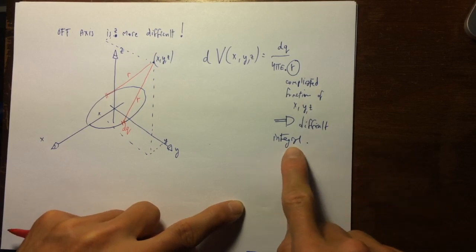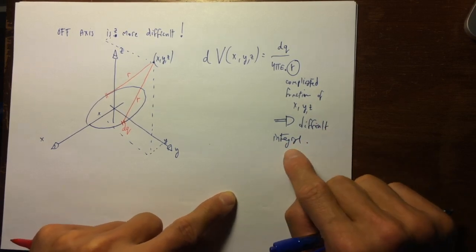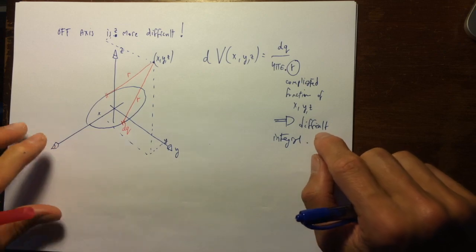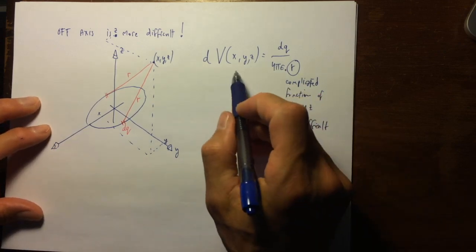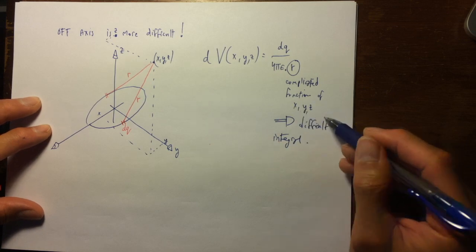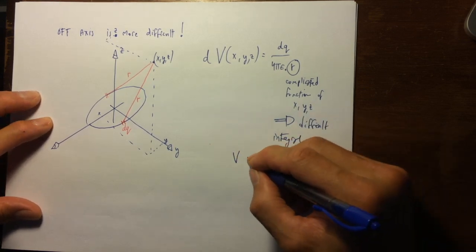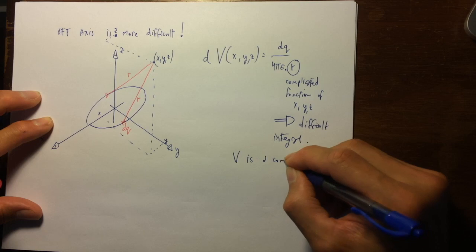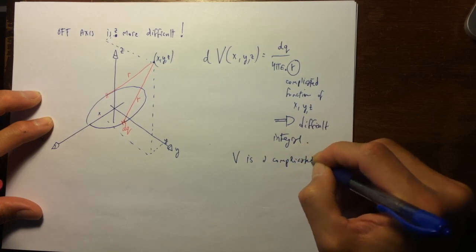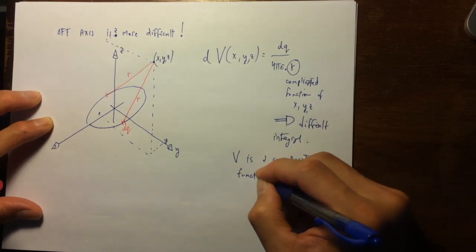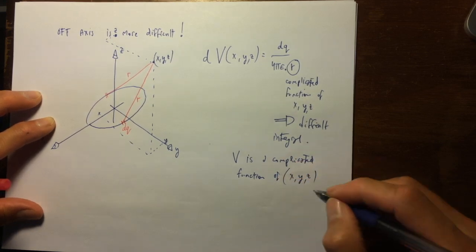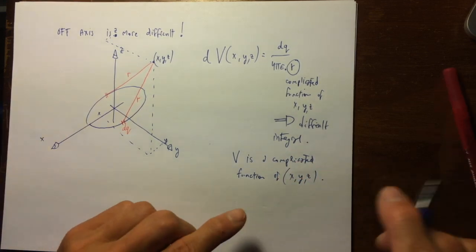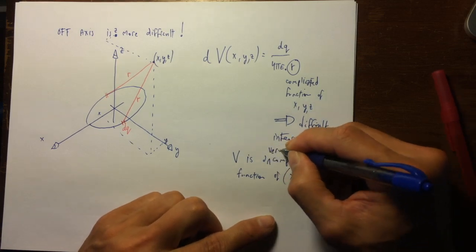It's not hard to set up the integral, it's actually just difficult to do the integral. And so the difficulty in doing the integral, though, is going to give you some complicated function of x, y, and z, right? So V is a complicated function of x, y, and z. And we might say that it's very complicated.